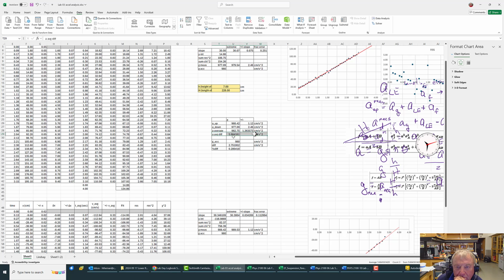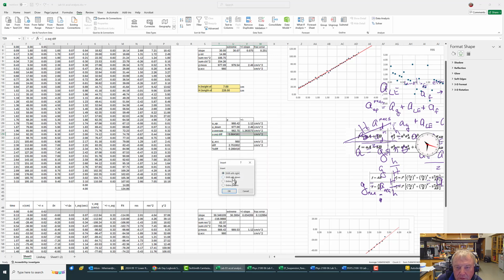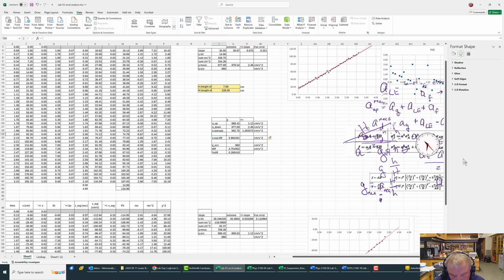Yeah. Let's insert row. There we go. And then we're going to say frac error in percent. And that equals this divided by that times 100, 0.13%.